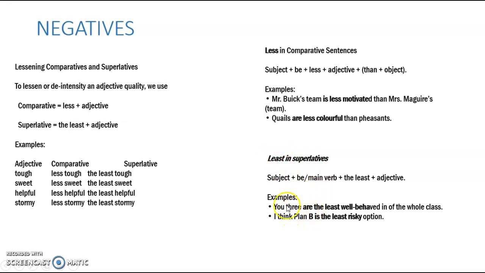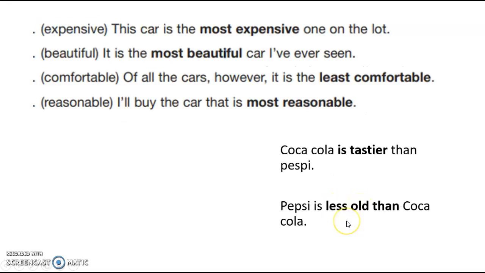Here you have an example. You three are the least well-behaved in the whole class. Here we are saying that these people are the least well-behaved, los que se portan peor son ellos. So we are doing the formula. We have the subject, then the to be, then the element that is the negative, the least, and at the end we have the adjective.